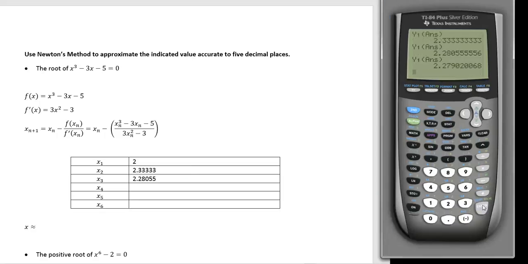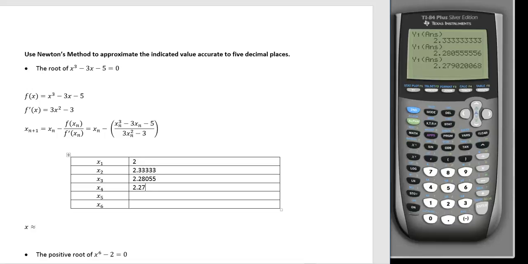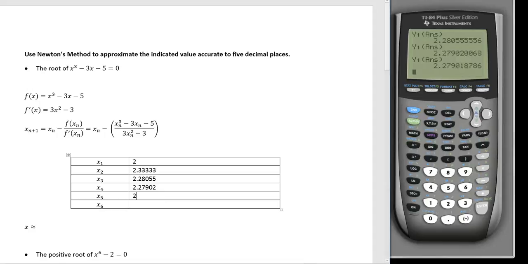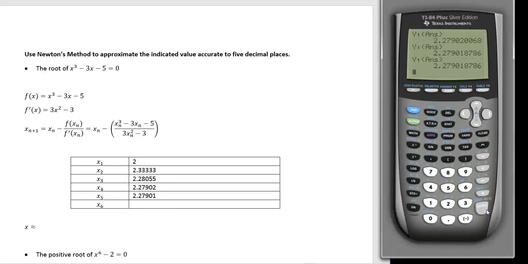I hit enter again, and we get our x sub 4, 2.27902. I hit enter again, 2.27901, and oh, we're almost there, because we want to stop when we get 2 iterations in a row that agree to 5 decimal places.